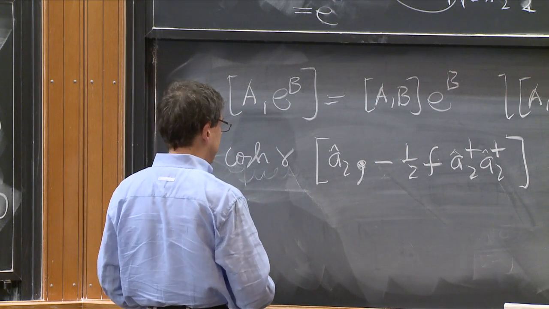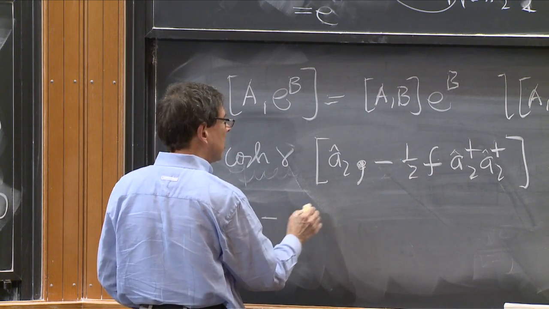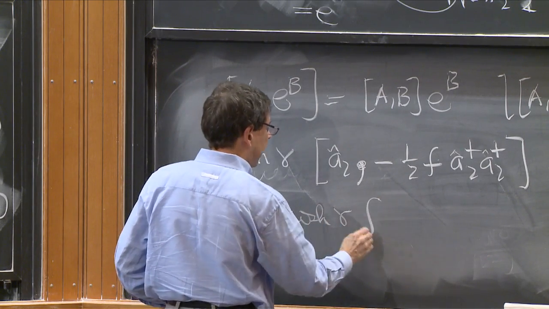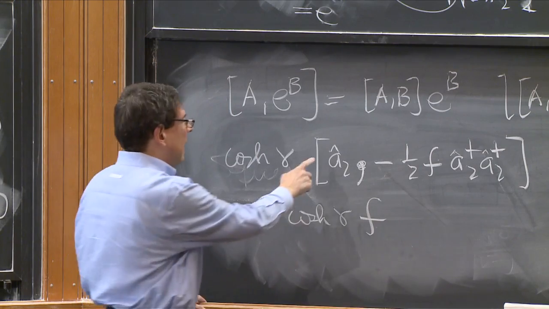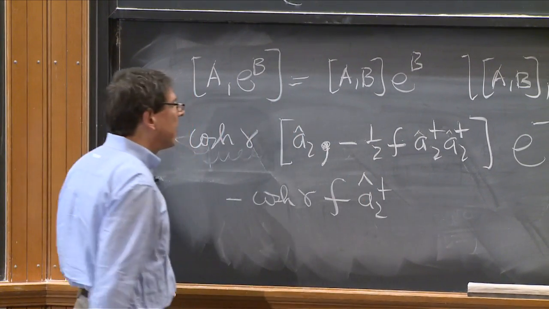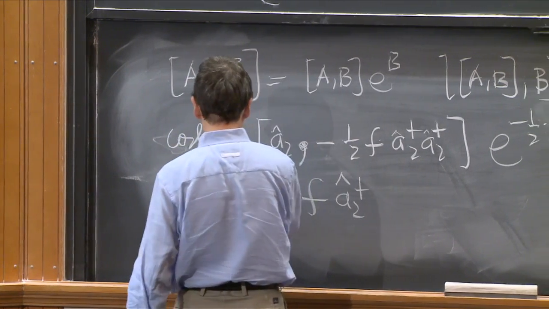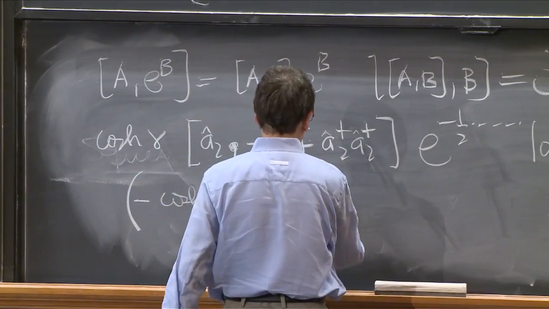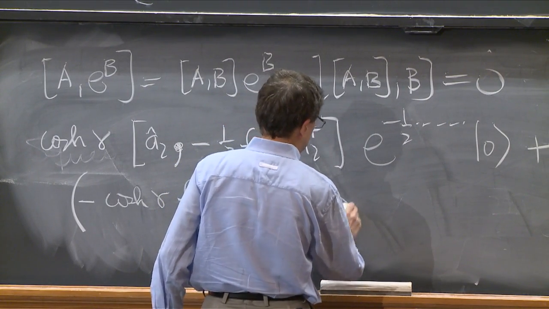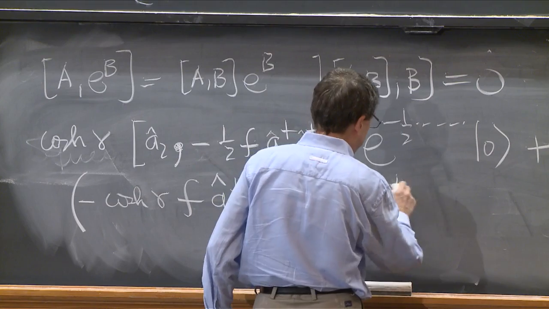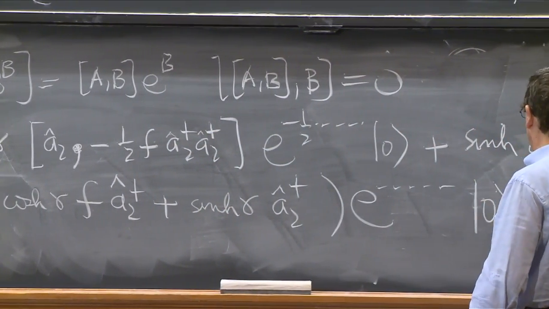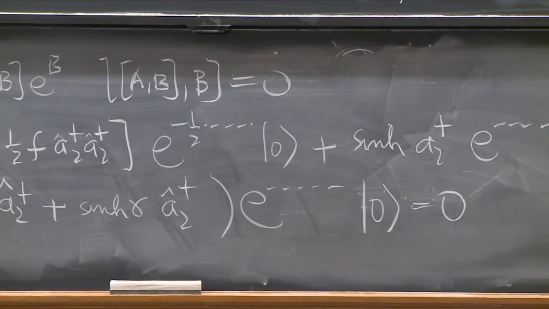And the 1/2 cancels this, so you get minus cosh gamma f A2 dagger times the exponential, plus, from the other term, sinh gamma A2 dagger times the exponential on the vacuum equals 0.